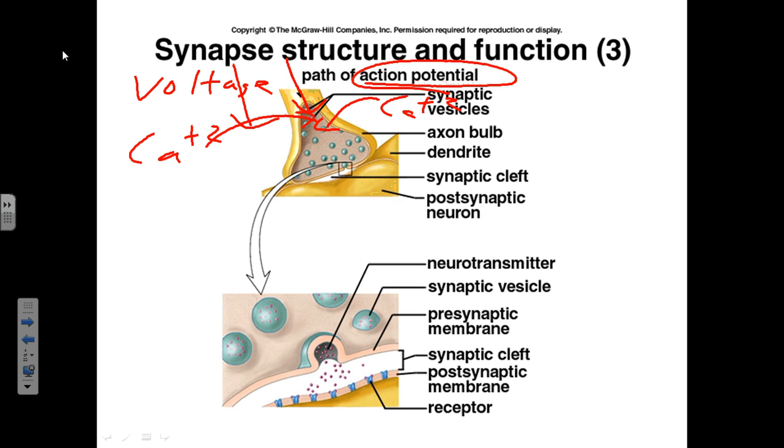So many of them rush in that they cause these little vesicles to get pushed out. What's inside those little vesicles? What's inside the vesicles near the end of a neuron? Neurotransmitters. So the influx of the calcium ions causes the outflux of neurotransmitters. And those neurotransmitters get dumped out into the synapse, like you can see happening there.